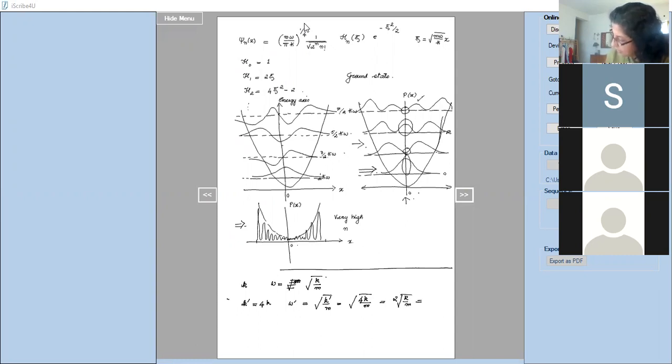So your new omega prime is essentially going to be 2 times the earlier omega. Now, you are sitting in the ground state of the system where the fundamental frequency is omega, and you will now have gone to the new system where it is essentially 2 omega.